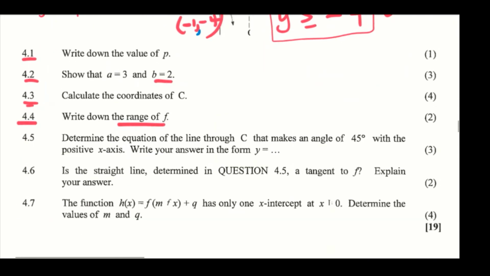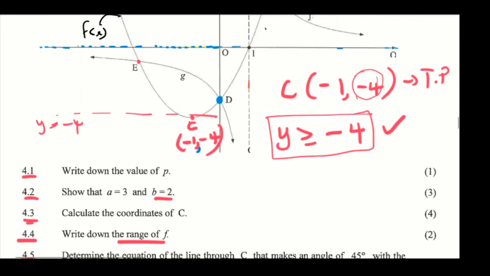And then we go to 4.5, where they say determine the equation of the line through C that passes at an angle of 45 degrees with the positive x-axis, right? So what are they saying here? Let me first erase.